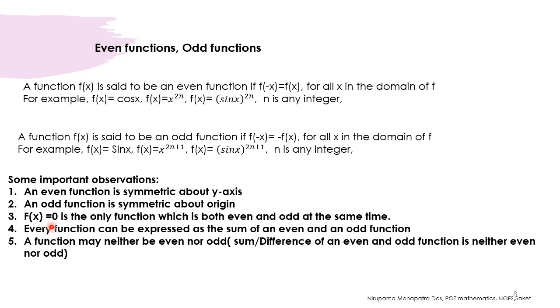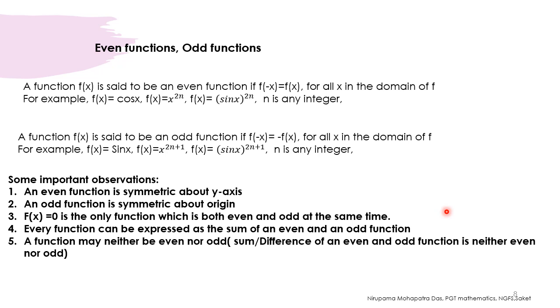And f(x) = 0 is the only function which is both even and odd at the same time. The fourth observation is that every function can be expressed as the sum of an even and an odd function. This you can verify.